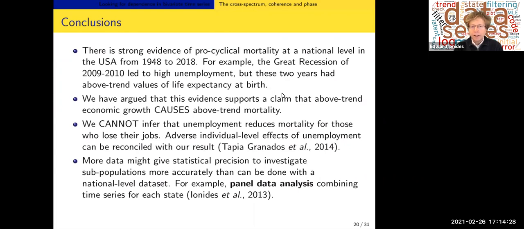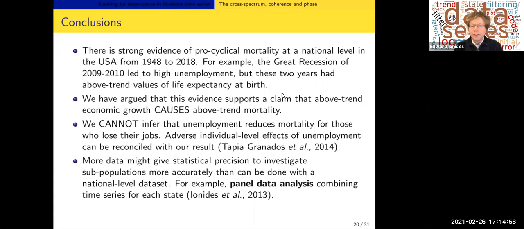We can't infer that unemployment reduces mortality for those who lose their jobs. That's actually not true. You can study unemployed people and find they have various health effects, including adverse health effects, including higher mortality. But this can be reconciled with a population level result that goes the other way, and that seems to be how things are.